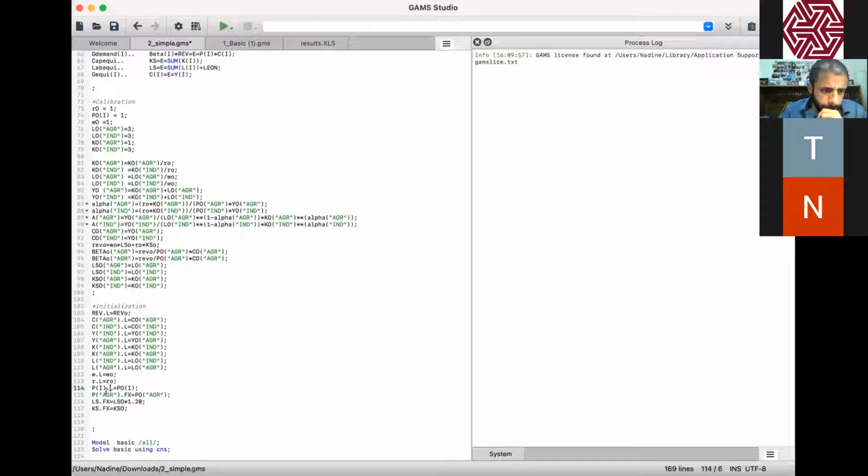Delete the bracket and I. So it will be P dot L and then bracket I. So we have the bracket of I after the L. Okay? And we have to do this for all the sectors and all the variables that are presented above.